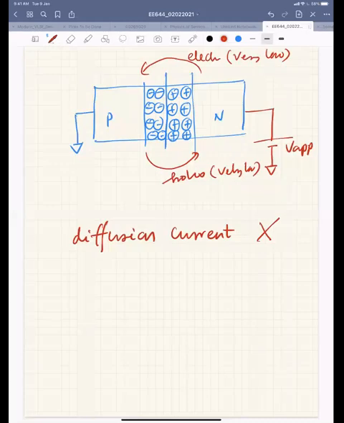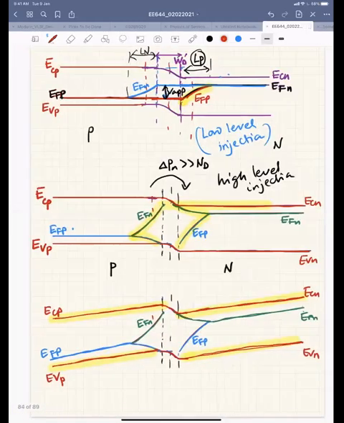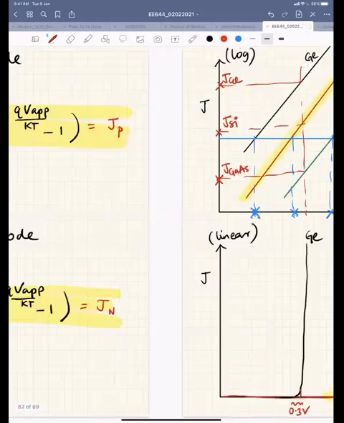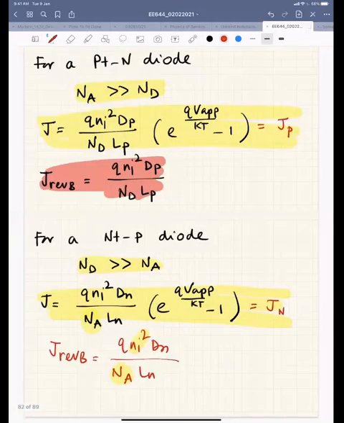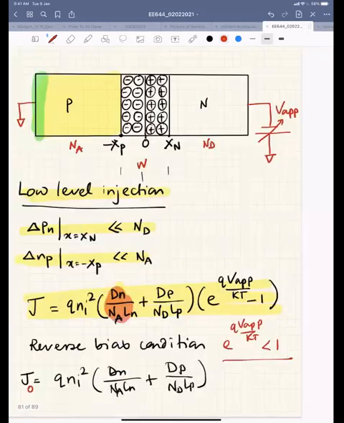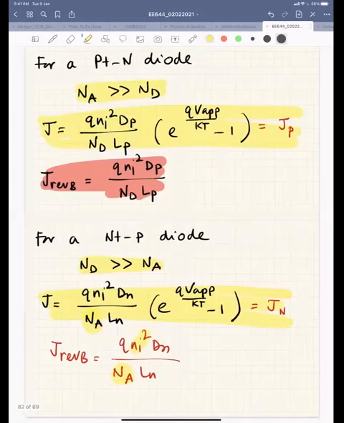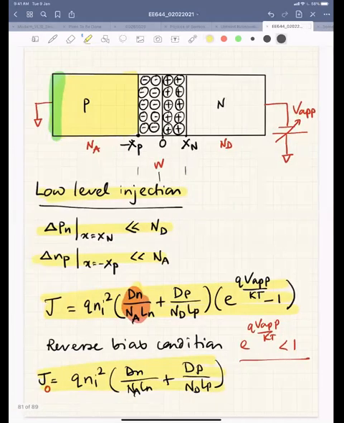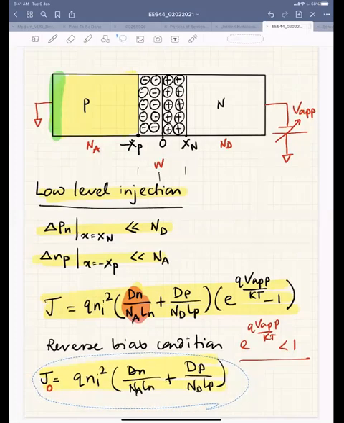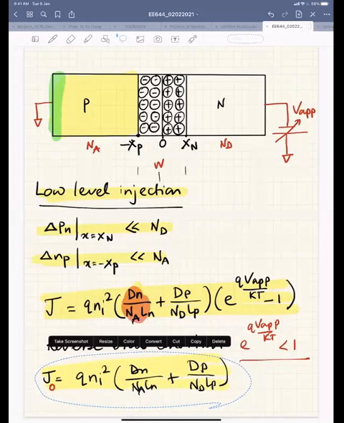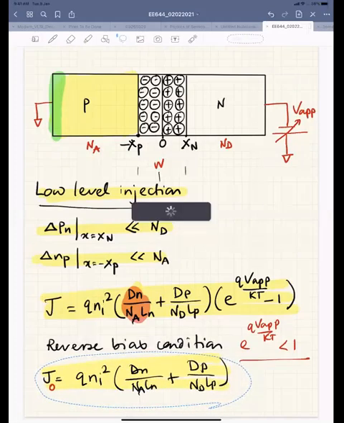but there is some current, which I mentioned here, q ni square Dn by NA Ln or q ni square Dp by ND Lp. This is the reverse current.